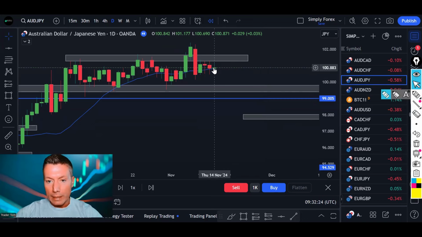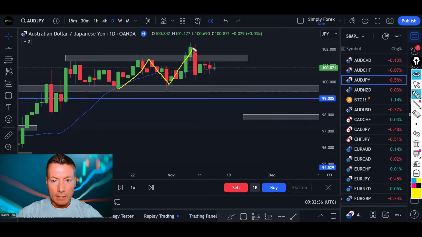This is the 14th of November. I had to find a day where there was contradiction. You can see Aussie dollar yen is really in an uptrend. We've broken this level here. We're at the moving average 20. We're even getting bullish wicks, if not dojis, that would suggest we can take price back up to here. So that is yen weakness.